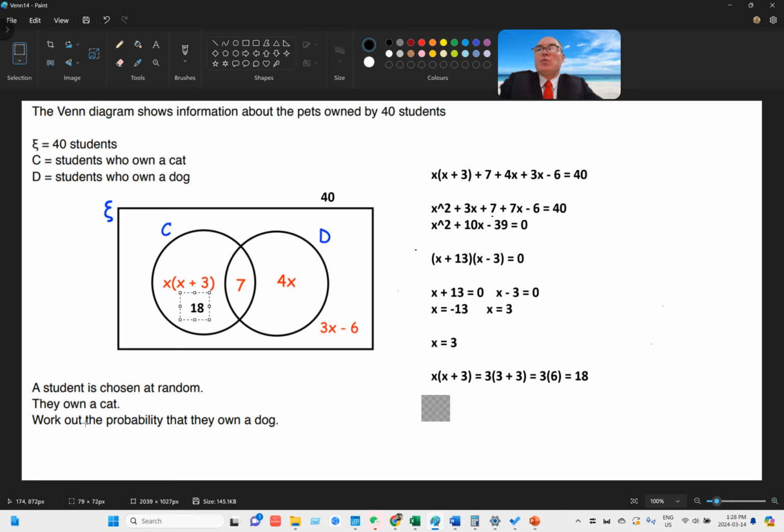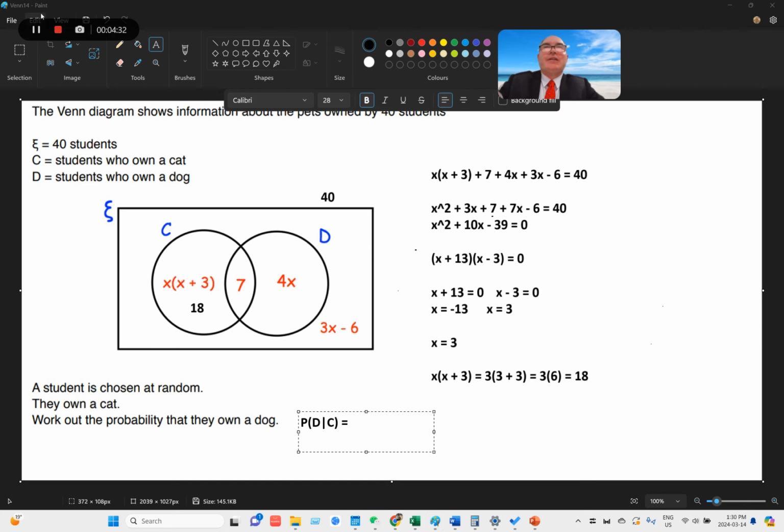Now what I want is to work out the probability that they own a dog if they already own a cat. We had a little interruption there, but I got things straightened out in the meantime. I'm going to interpret this as: we choose one at random and we know that they own a cat. What's the probability that they also own a dog?